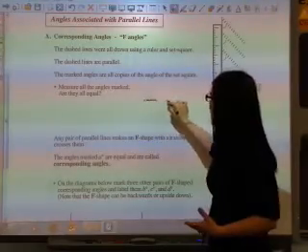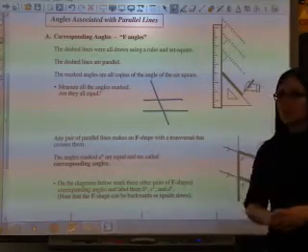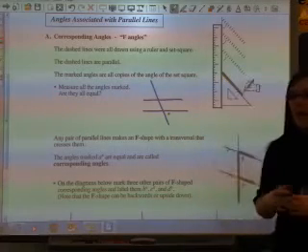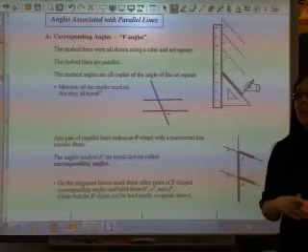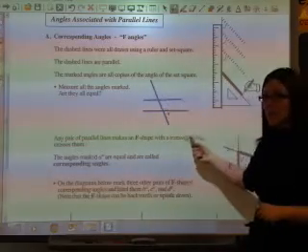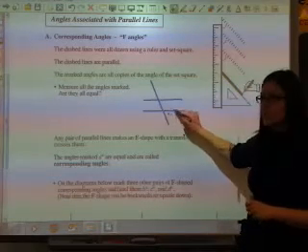So if I have parallel lines like this, and I draw a transversal, and I indicate this angle right here, and I want to know what are my corresponding angles to that one. Well, it has to be on the same side of the transversal in order to correspond, and it has to be in the same position.